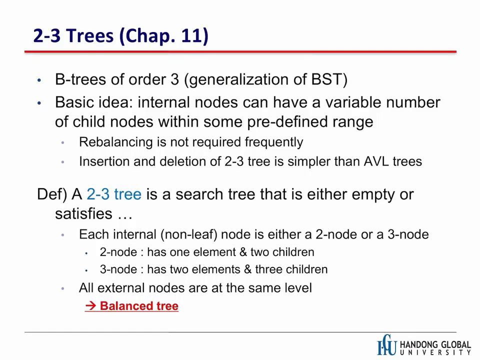Now 2-3 trees are much simpler than red black trees, and even simpler than AVL trees. In the AVL trees, previously we talked about a couple of different rotations depending on the patterns: double LL rotation, double RR rotation, and RL rotations.